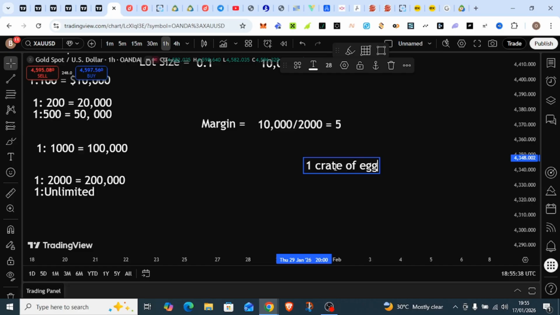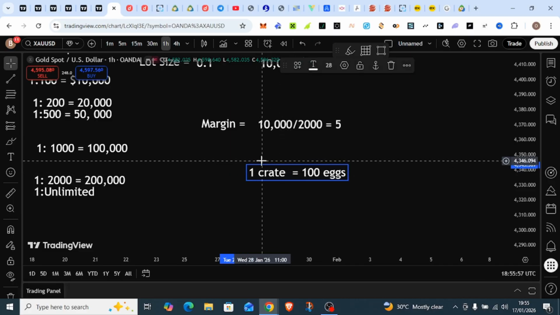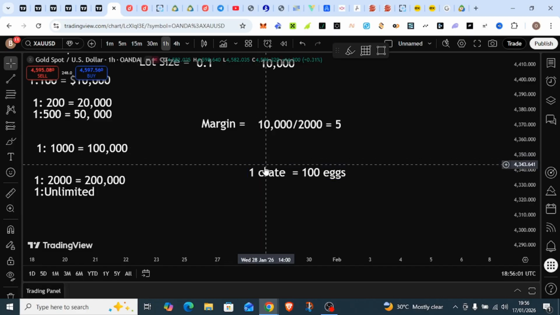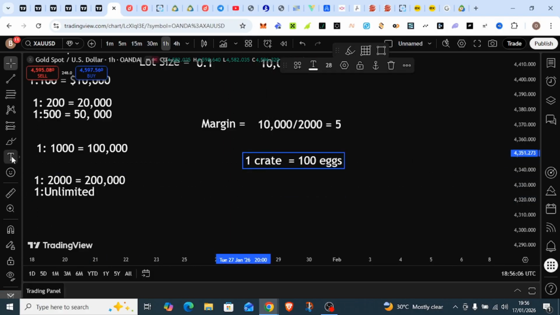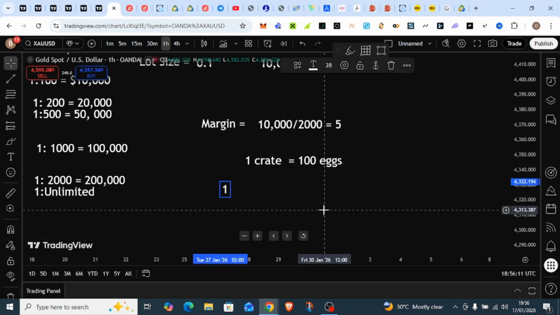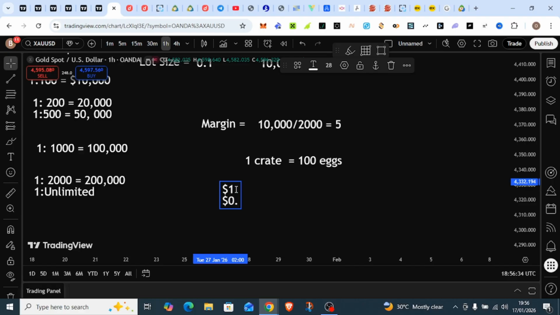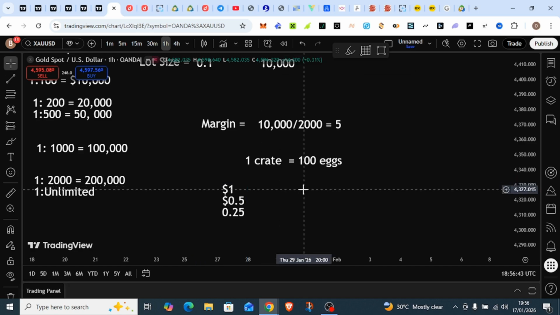One crate is equal to, let's assume it has 100 eggs, and the cost per egg can be $1, $0.5, and $0.25. And a crate contains 100 eggs.